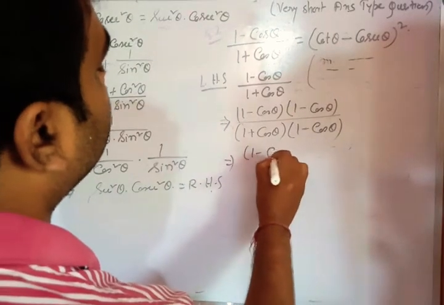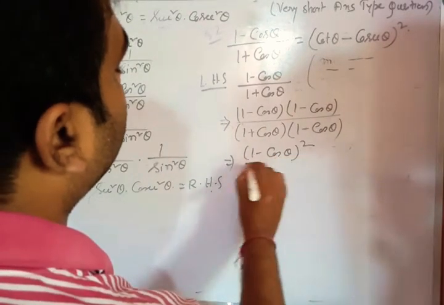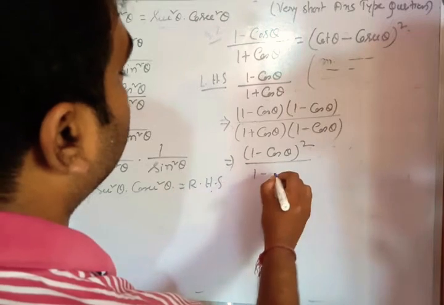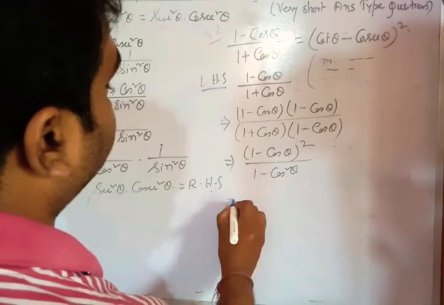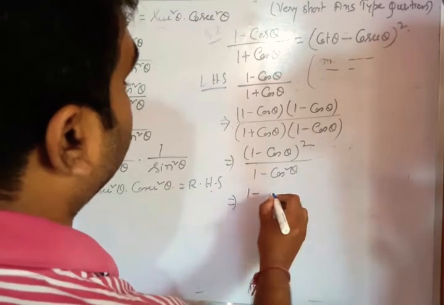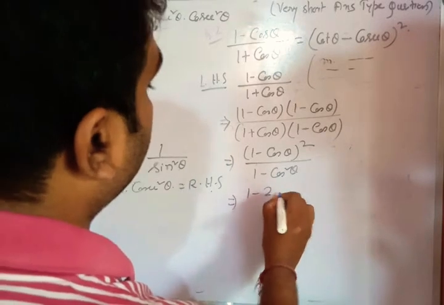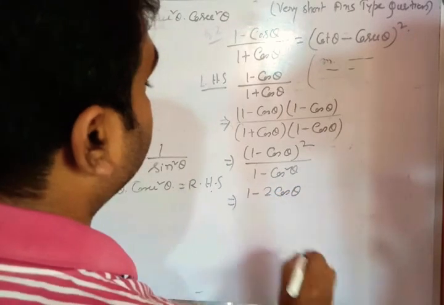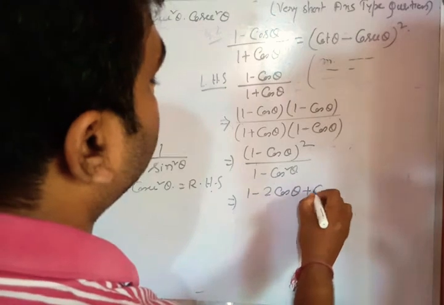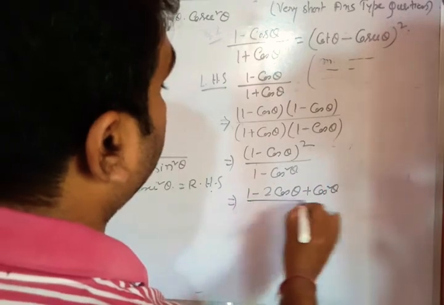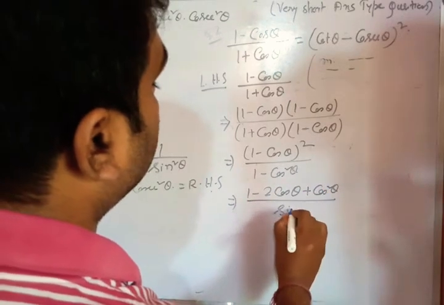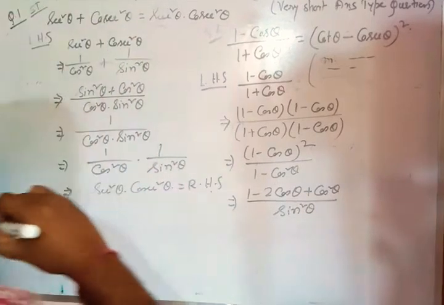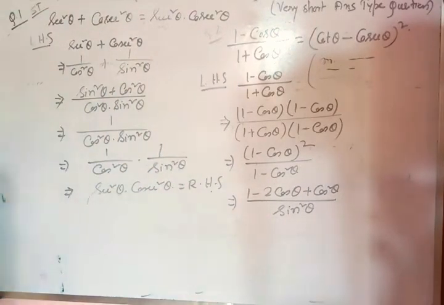The numerator is 1 minus cos theta whole square, and the denominator is 1 minus cos square theta. That equals 1 minus 2 cos theta plus cos square theta divided by sin square theta.